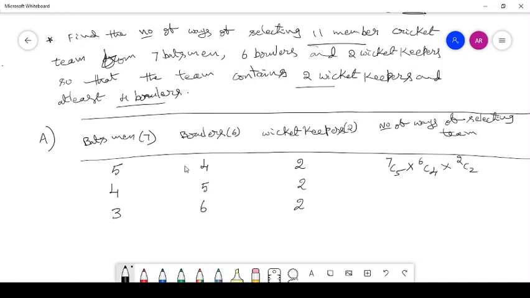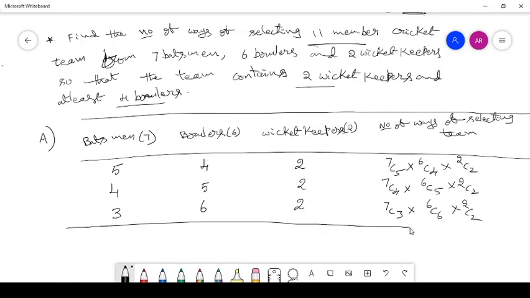In the same way, 7C4 into 6C5 into 2C2, and 7C3 into 6C6 into 2C2. This is the table. If you frame the table neatly, you can complete the answer very easily.